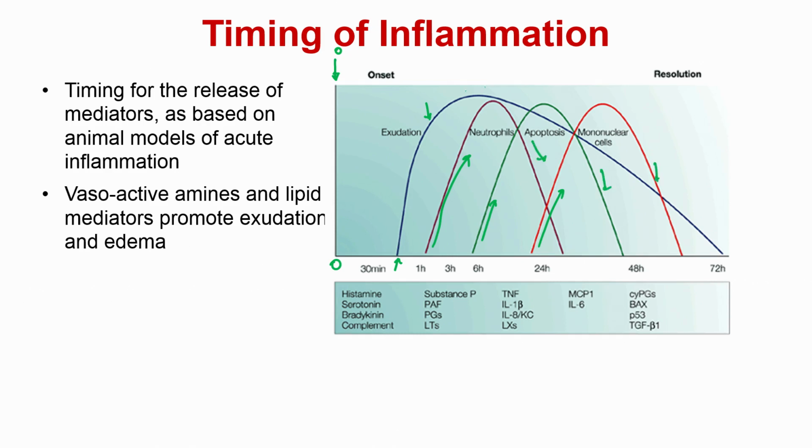Eventually the blood vessels will also go back to normal, and lymphatics will clear any extra fluid away, which is called resolution of the inflammation. Eventually, within 2-3 days, you will have this go down, and again several molecules are involved at different stages, which are listed here. Complement is again a part of the innate immune response, and it acts very quickly. So, that is how the timing goes.